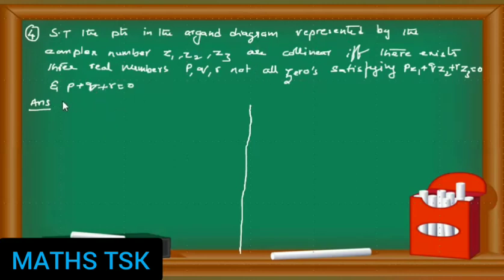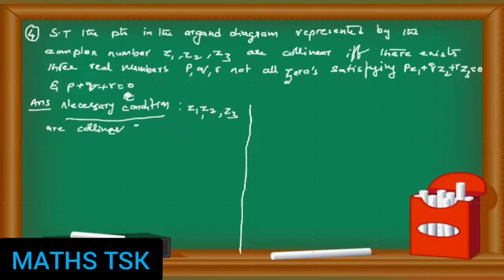I consider the necessary condition. The necessary condition is we have to consider Z1, Z2, Z3 are collinear, and to prove Pz1 plus Qz2 plus Rz3 is equal to 0 for P plus Q plus R is equal to 0.